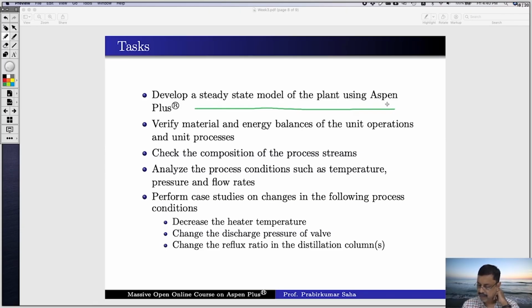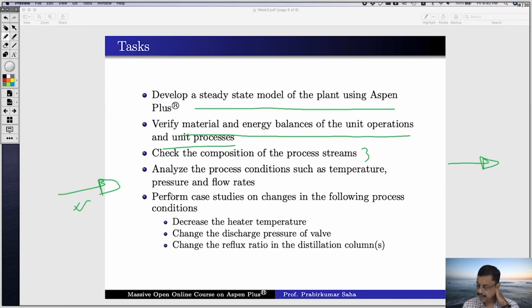Then we have to verify material and energy balances of the unit operations and unit processes. We have to check the composition of the process streams. The inlet composition definitely we have to set, but the outlet composition, which will be the result of the process analysis, the running of the process, that we have to check.